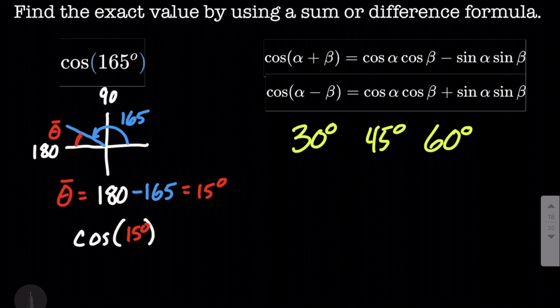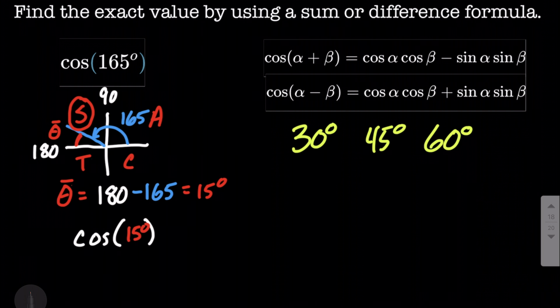Now I like using the phrase "all students take calculus" to help me remember what's positive in which quadrant. In the second quadrant, sine is positive, but that also means that cosine and tangent are negative. So I also need to include a negative right in front as soon as we plug in the reference angle.